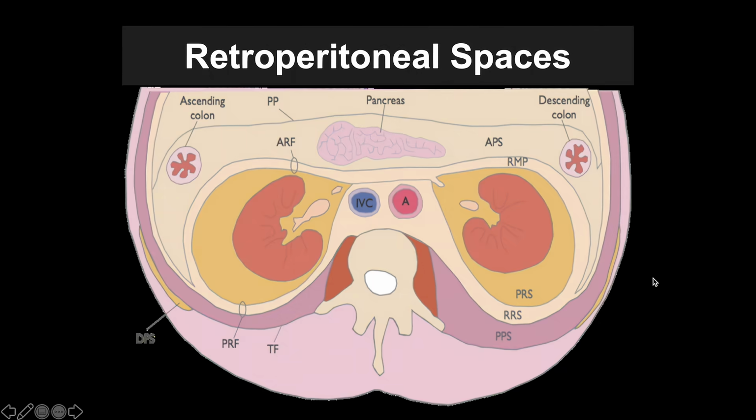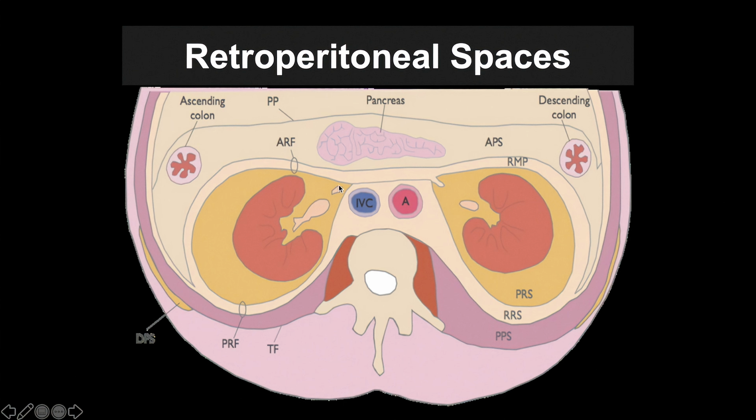Okay, now that we've talked a bit about the peritoneum, it's time to talk a little bit about the retroperitoneum. In the center of the retroperitoneum here we have the kidneys, and the kidneys sit in this space here in orange called the perirenal space. The perirenal space is an ice cream cone shaped space that's bound by the perirenal fascia.